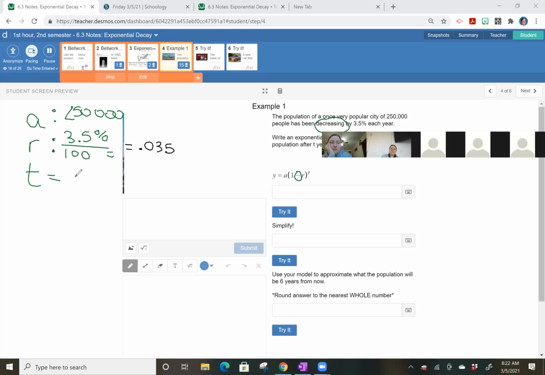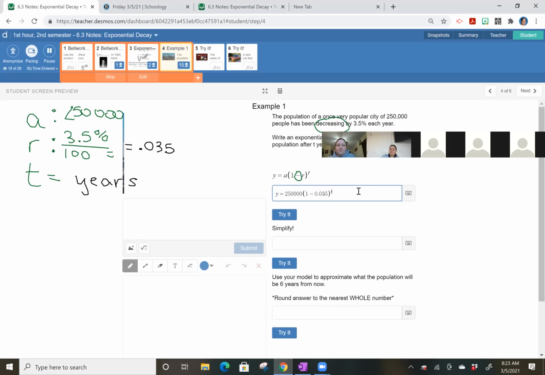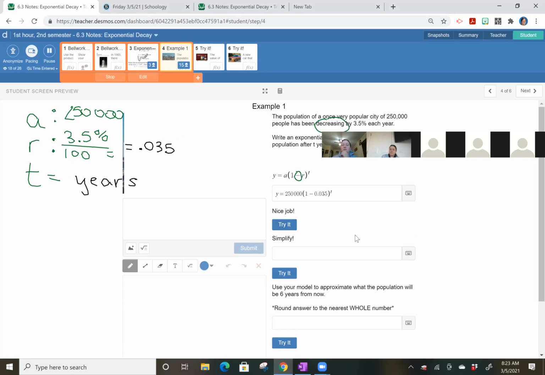And then T is for years. So let's type it. Y equals 250,000 and then 1 minus the 0.035 raised to the t power.